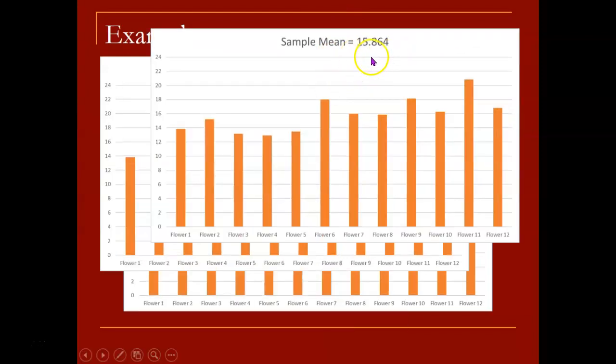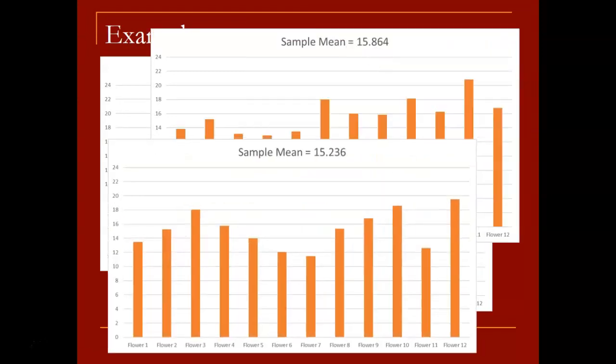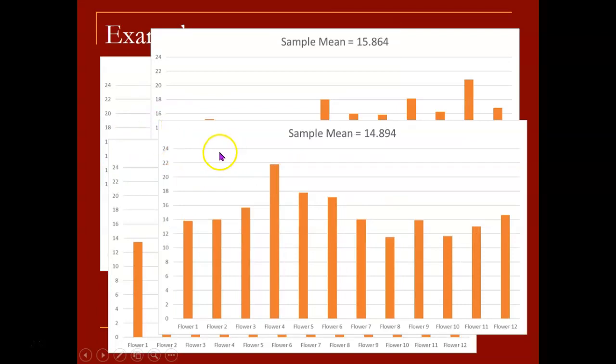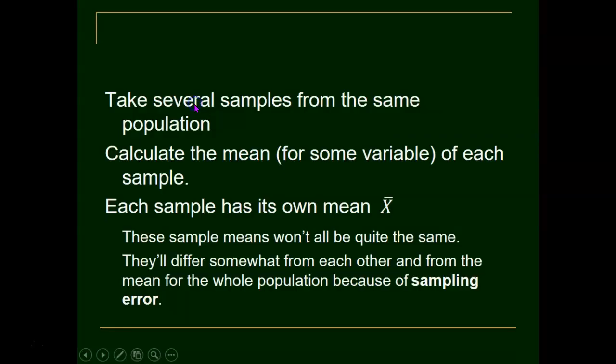Another person's sample has a mean of 15.864. Another person finds 12 flowers whose sample mean is 15.236. Another person's sample mean turns out to be 14.897. So each person has a different sample, a different group of 12 flowers with a different sample mean.